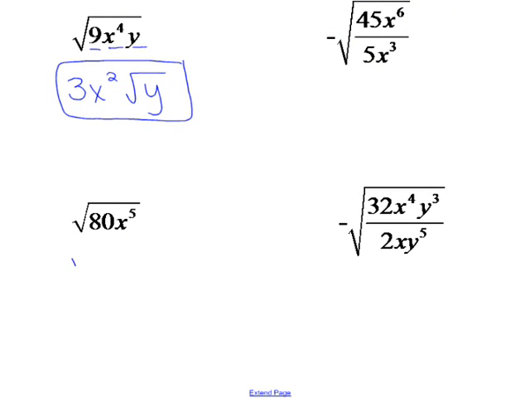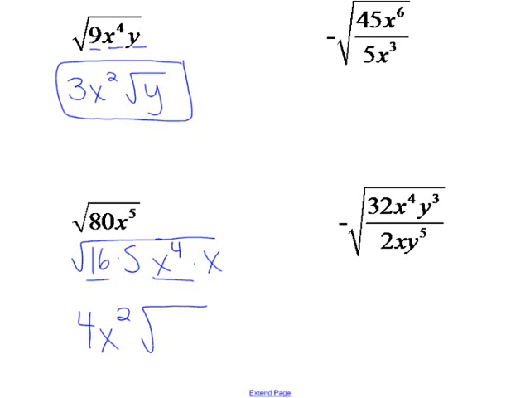So that means 80 must be 16 times 5. We'll just shorten that since we've already done it. X to the 5th, we're going to go down an exponent, x to the 4th times x. Here are our perfect squares. The square root of 16 is 4. The square root of x to the 4th is x squared. We're left with the non-perfect ones inside, 5x.